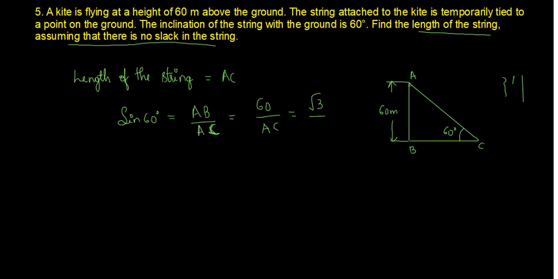And if you bring 2 and root 3 to the other end, AC to the right hand side, so AC will be equal to 60 into 2 divided by root 3.